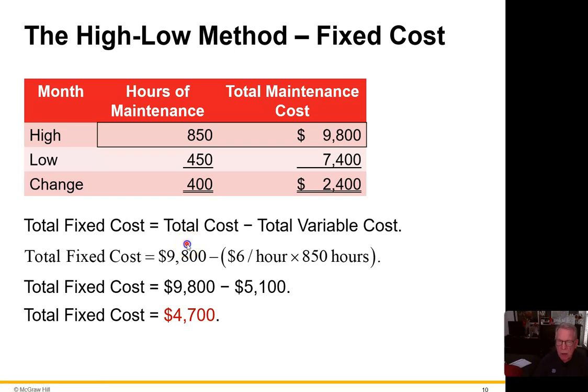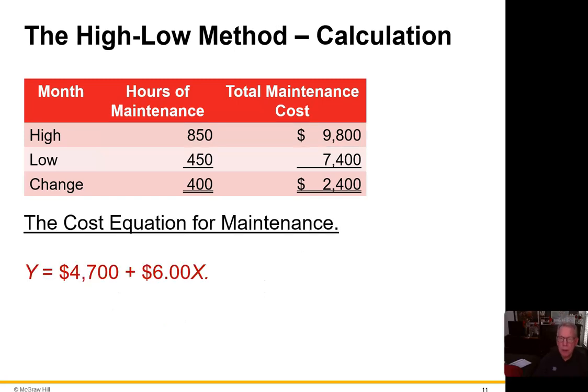So the $9,800 represents our total cost, the $4,700 represents the fixed cost, and the $5,100 represents our variable cost. So theoretically, that $4,700 should continue. Let's see. So now you can see that we would express it as an equation. Here's our fixed cost plus our variable cost equals our total cost.